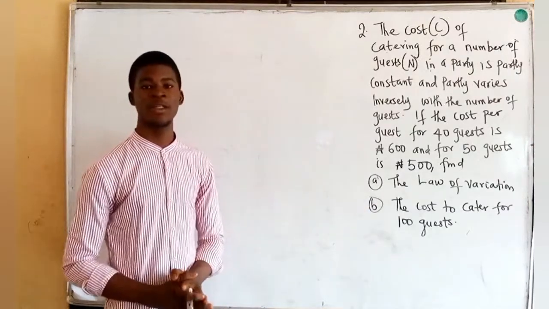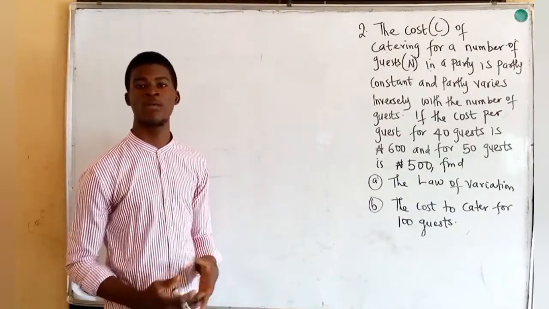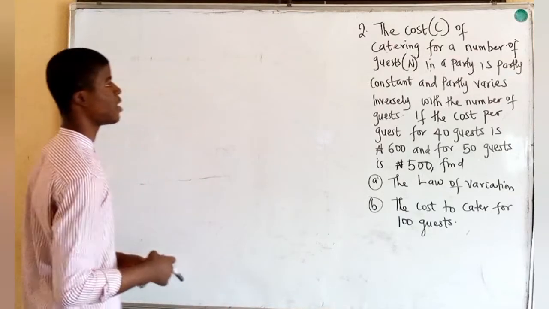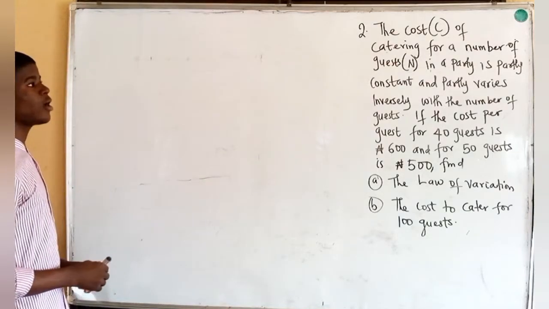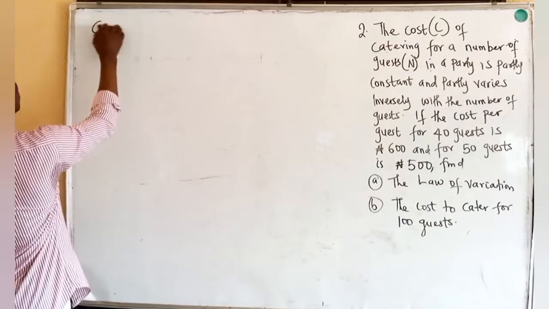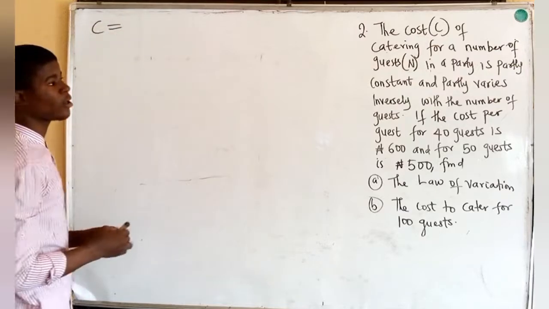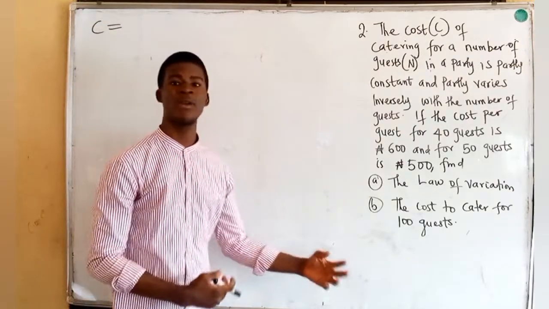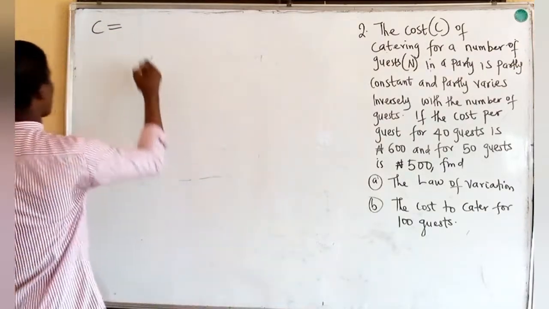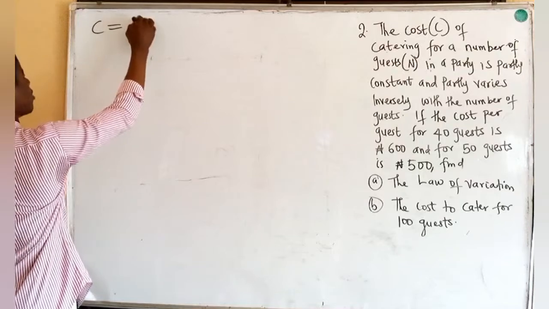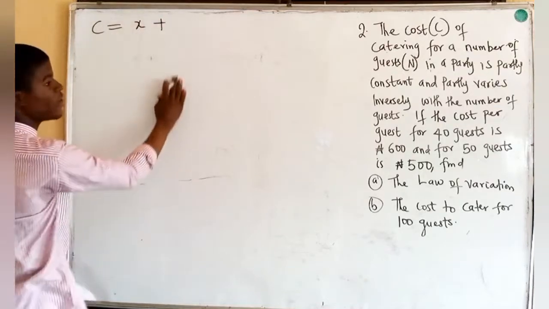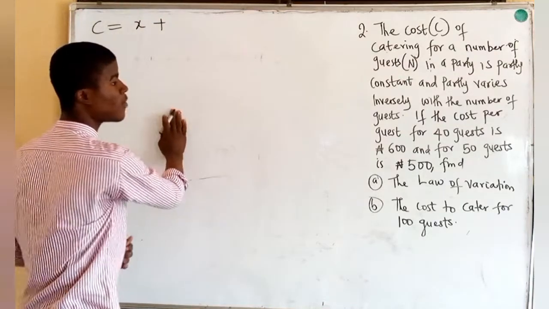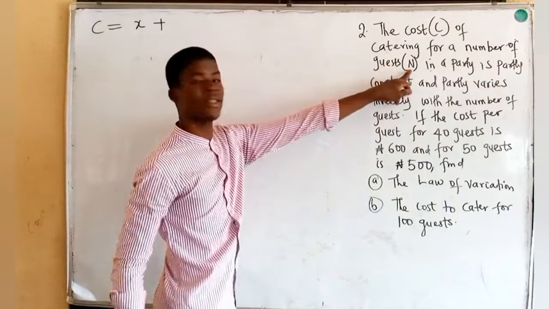So before we start finding, we have to look for the constants of variation. So let's express this mathematically. The cost C varies. It's partly constant and partly varies inversely. So I have my first constant, let's call that first constant x, and partly varies inversely with the number of guests, n.